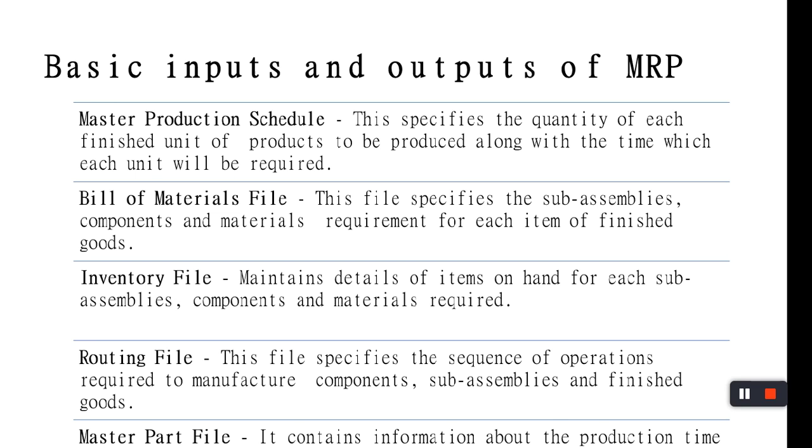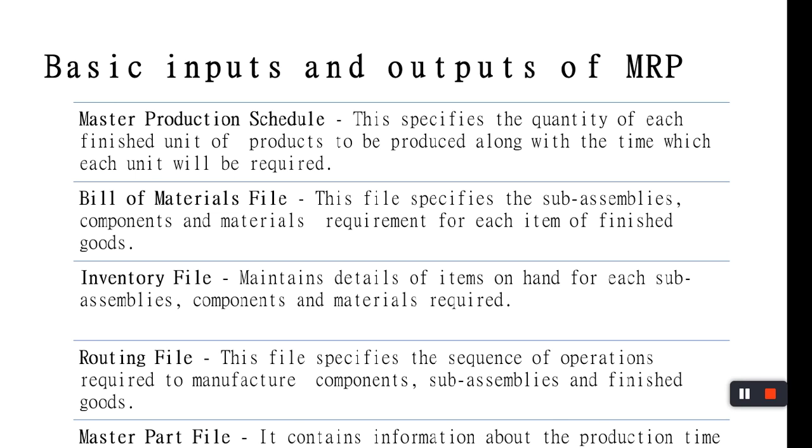So let's say for one bicycle, we need two wheels, right? So we need two wheels. So for example, if we have 100 orders of bicycles, so the bill of materials file will show that we need 2 times 100. So we need 200 wheels, okay?